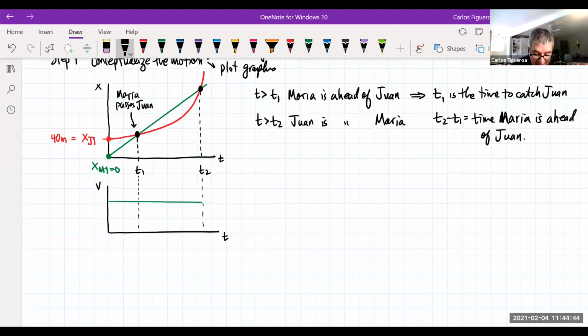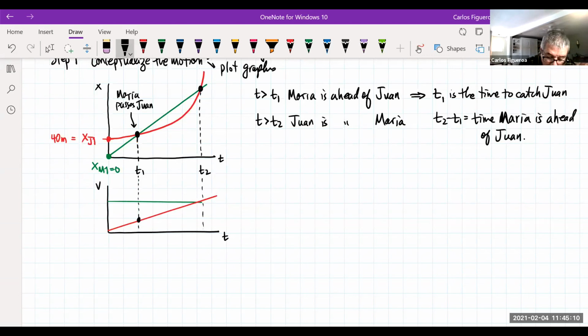So let me see if I can get this right. All I know is that Juan starts off from rest, but he has to have a steeper slope at T2, right? So when I look at this, it's looking something like this. Look at this point. So this is a lower velocity.